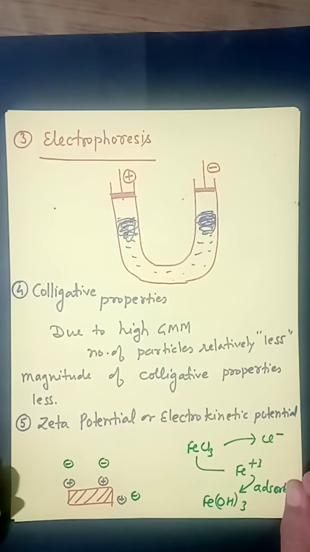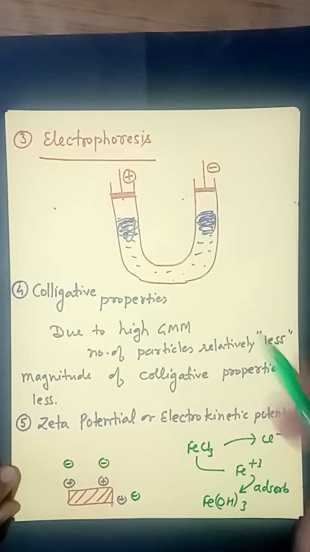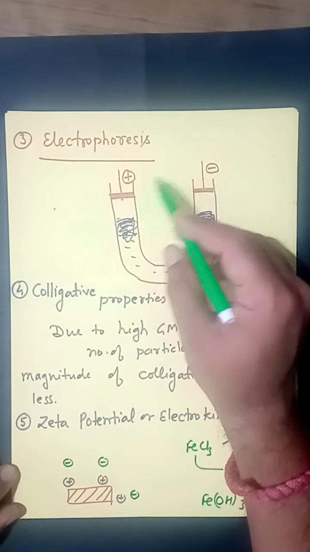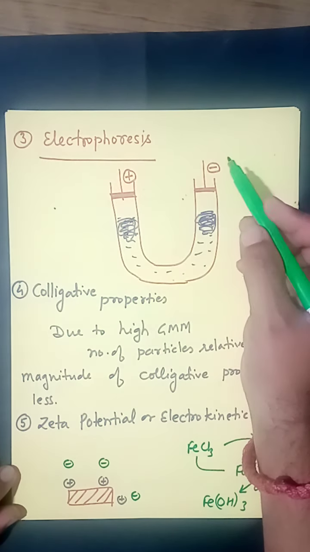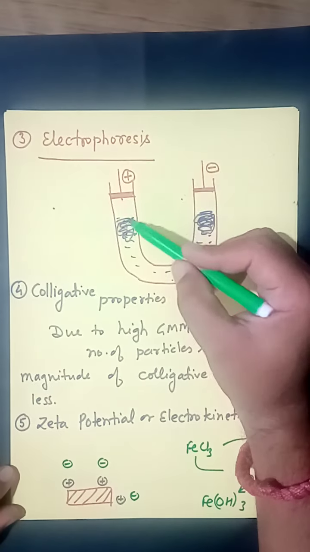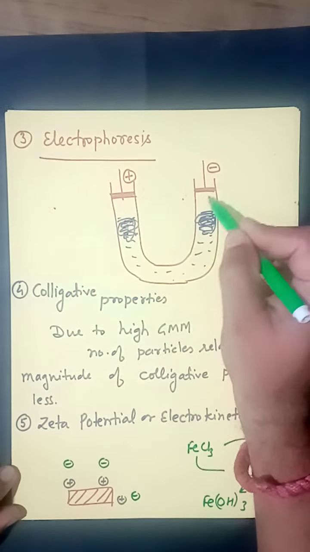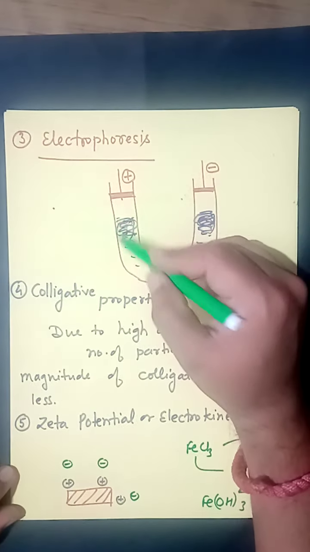Another one is electrophoresis. Electrophoresis is the movement of colloidal particles toward the oppositely charged electrode. Just a few minutes back we discussed that a colloidal particle may have a positive or a negative charge. So in electrophoresis we fill the colloid in a U-shaped glass tube.